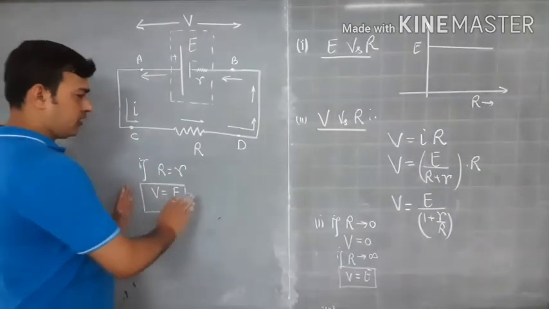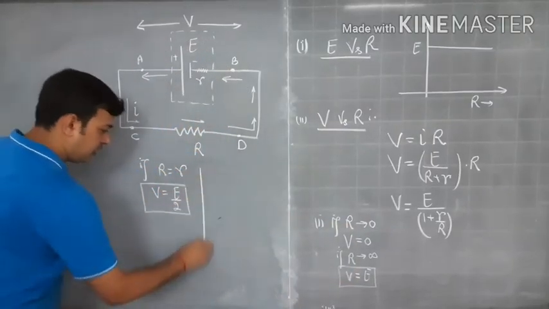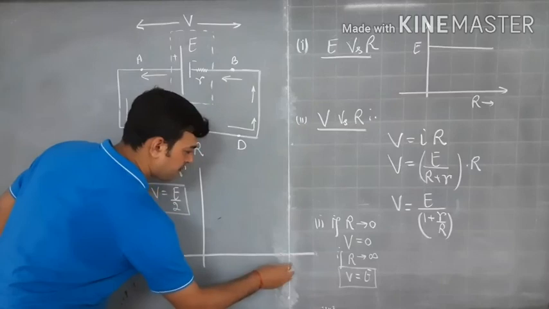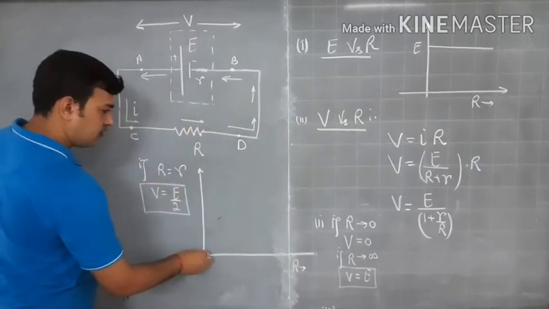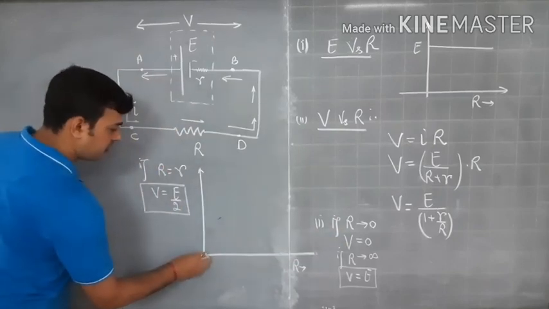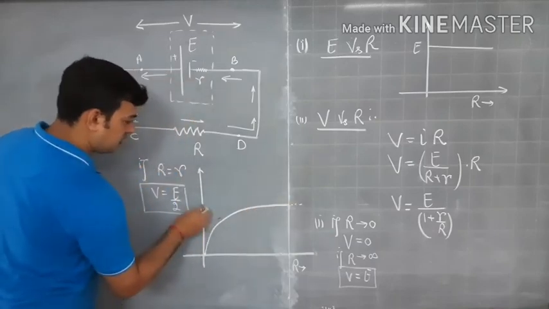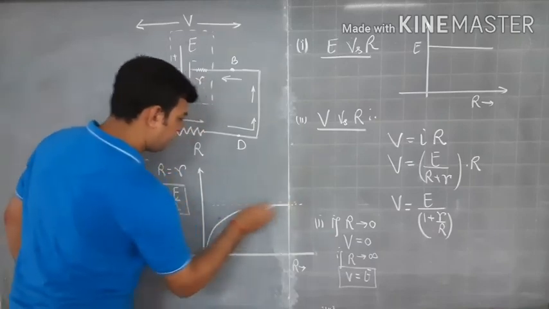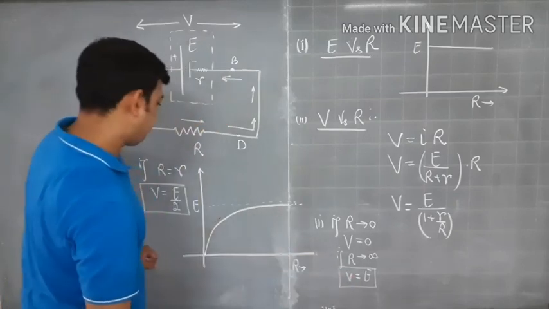So I can plot the variation of V with R with respect to these conditions like this. If this is my external resistance R, initially when R is almost 0, the potential is 0, so the graph will start from here and it will go like this. This is the maximum value, the EMF, which is reached when R is going to infinity.